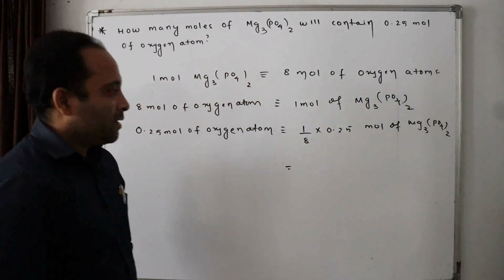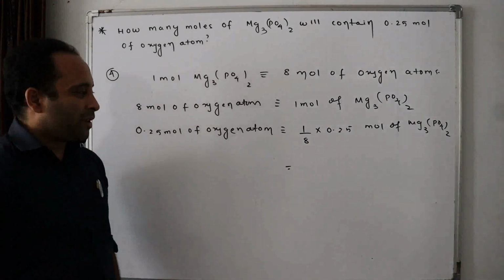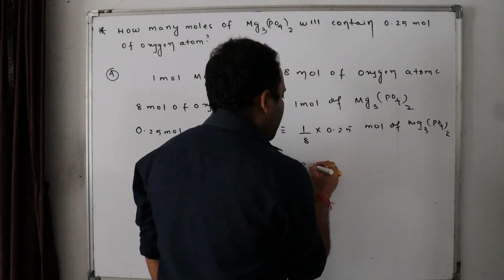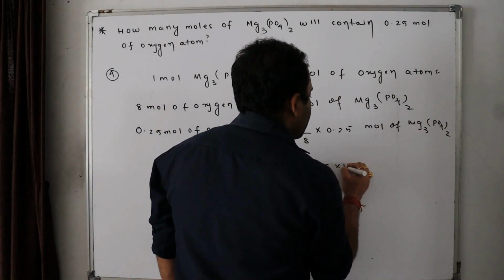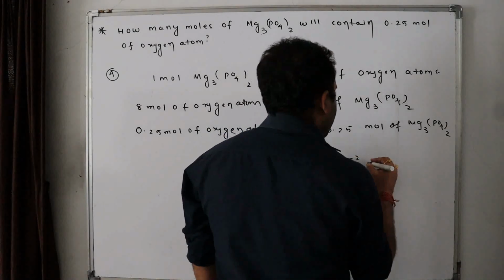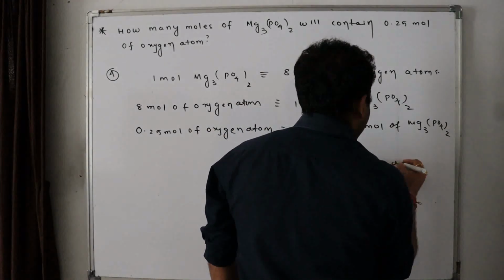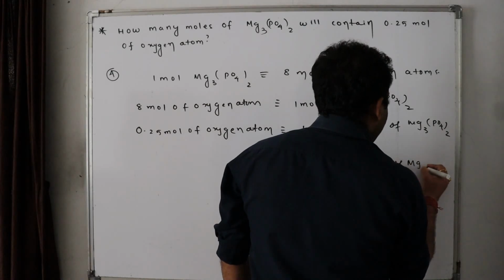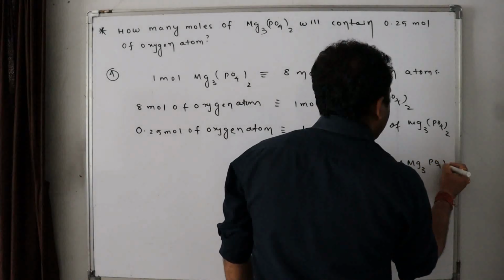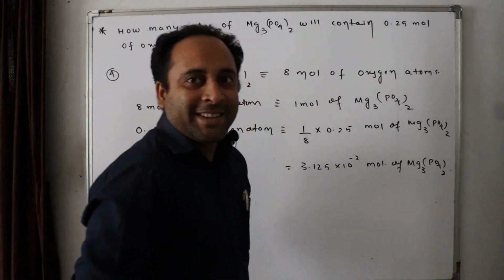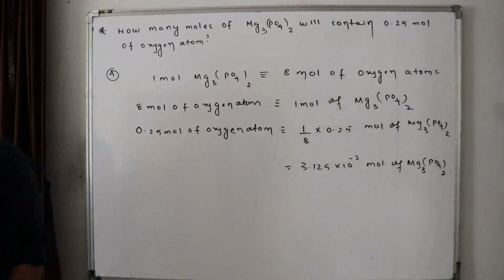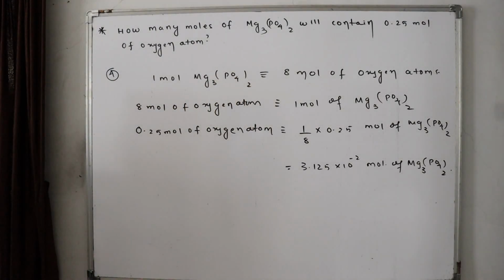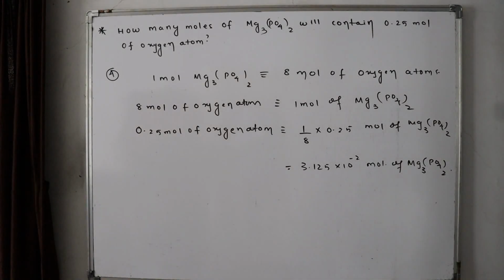So please calculate, it is approximately 3.125 into 10 to the minus 2 mole of magnesium phosphate. Please check these answers. Please verify the calculation. Okay. Done.